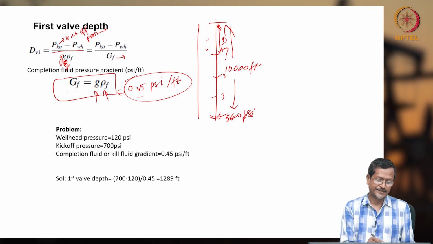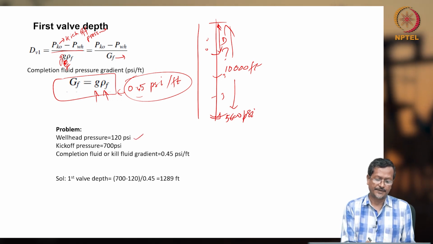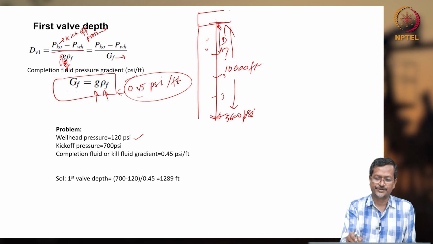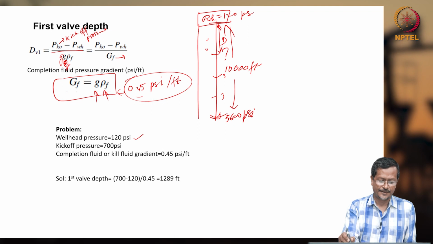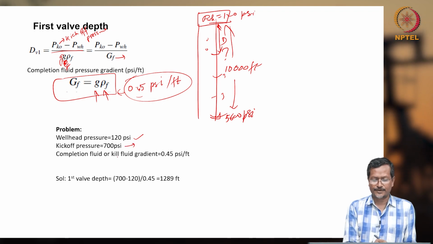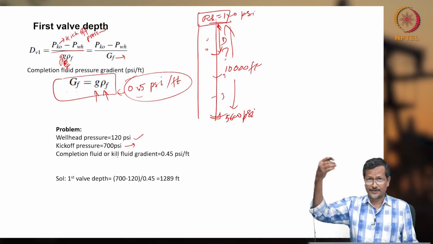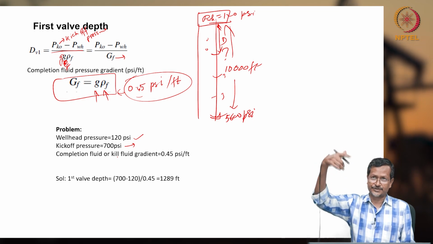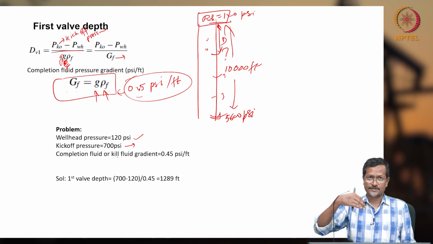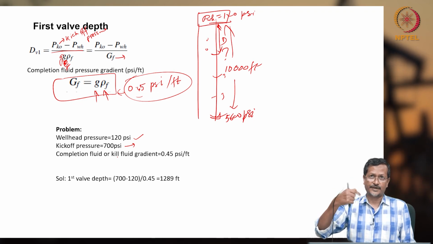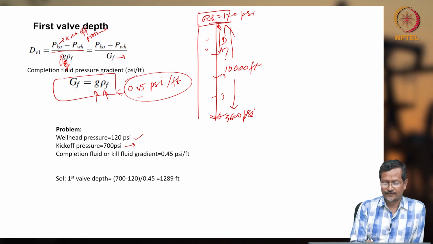So, one problem: let's assume the wellhead pressure PWH is 120 psi, and the kick off pressure is 700 psi. You start injecting, so you are creating a U-tubing. When the first valve gets gas, that gas pressure is called kick off pressure, which is 700 psi.